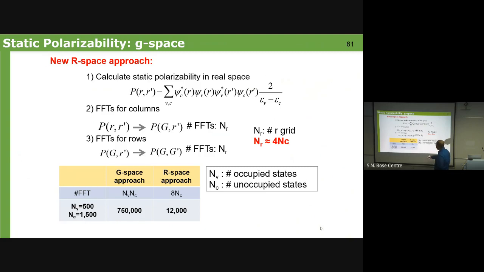Now you compare G space and R space, and if you have a small system, it's different. But the advantage will be for a big system, because that's what is lacking. You see the number of FFTs is two orders of magnitude less, just using this. But this is only for the polarizability part. So that's where we get this advantage.